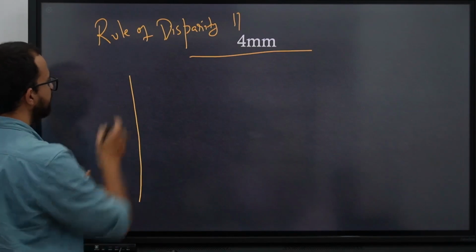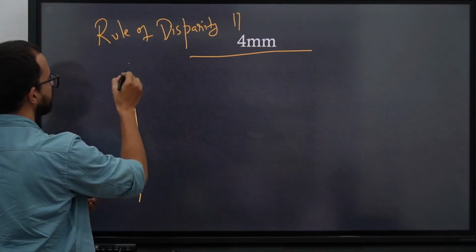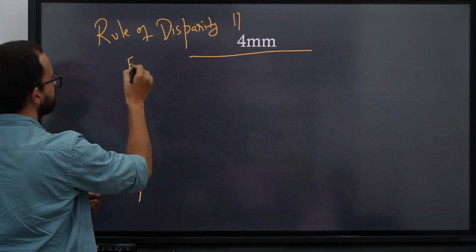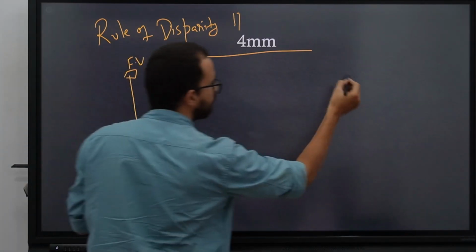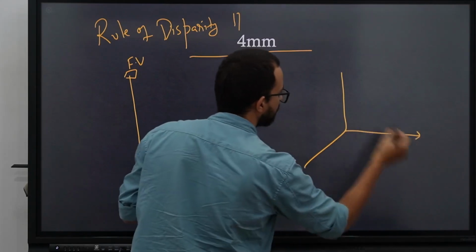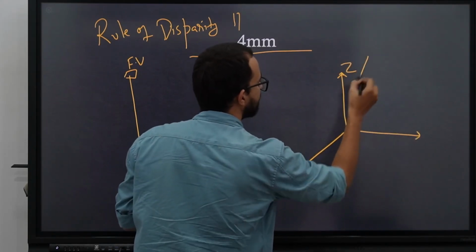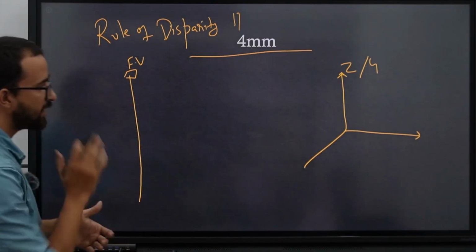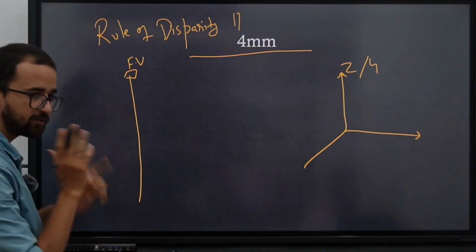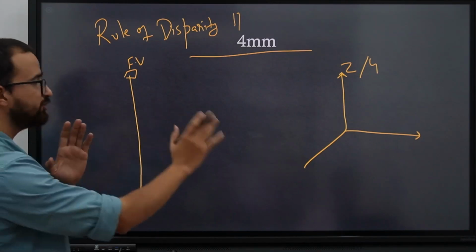So if you look at the front view, the fourfold is kept as the vertical. In your room, the pillar, the z-axis becomes the fourfold axis. Now you have a mirror plane that is parallel to the z-axis. That means that the mirror plane is actually going through the z.